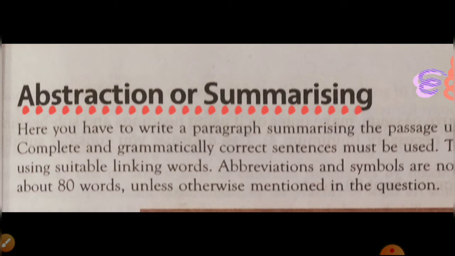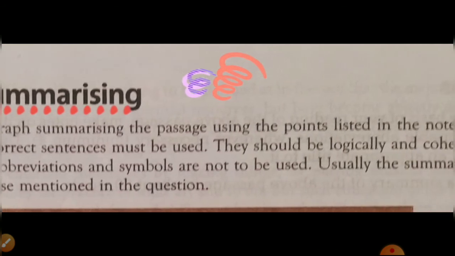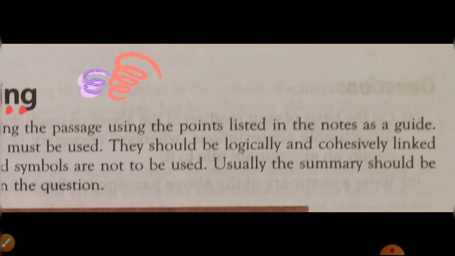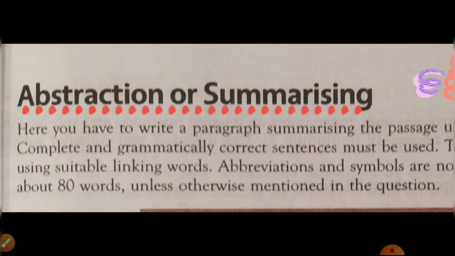In note making, as we have seen, children, we use abbreviations or symbols, but in this no such usage is there. There should not be any abbreviation or usage of symbols. They are not at all allowed. Usually the summary should be about 80 words unless otherwise mentioned in the question.